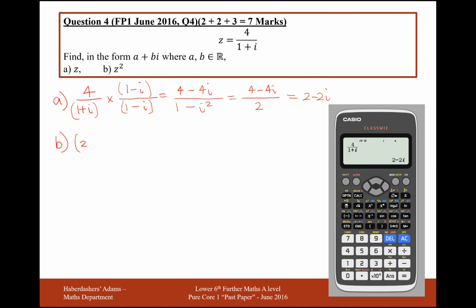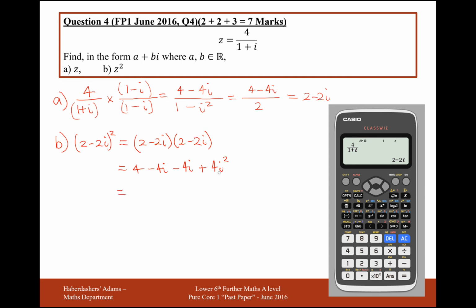So it's going to be 2 minus 2i squared. Now with this part here, you don't square the individual terms inside your bracket. You treat it as you would in GCSE and write it out fully, expanding two brackets. So you'd get 4 minus 4i minus another 4i, and then it would be plus 4i squared.